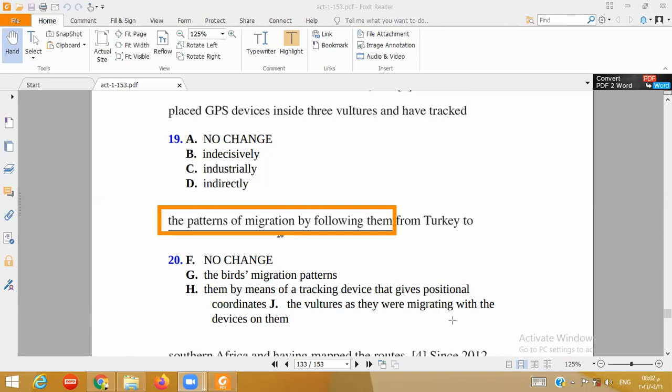Which one is the better alternative for that sentence? That's easy. G or J. If I go for J, I'm going to make it worse. Okay, it's G: the bird's migration pattern. Why? Because that is elevated style.